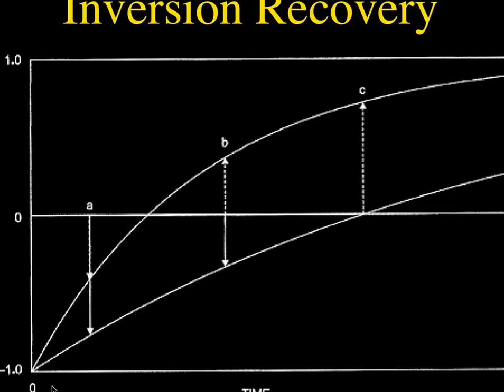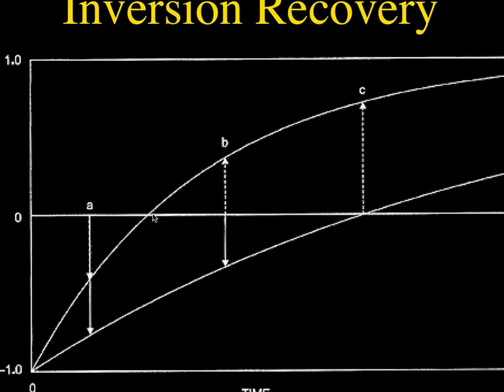First, if we give a 180-degree pulse, we're going to get no signal. But then we wait a while. In fact, we can wait a short while until fat comes up to the zero point. When the fat comes up to the zero point, it means that there is no Z component of the bulk magnetization vector.